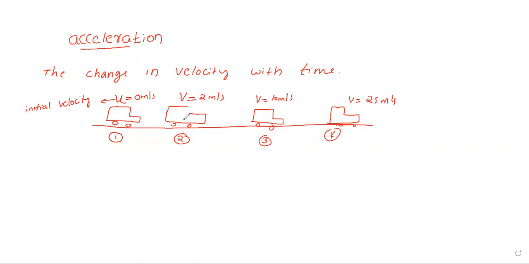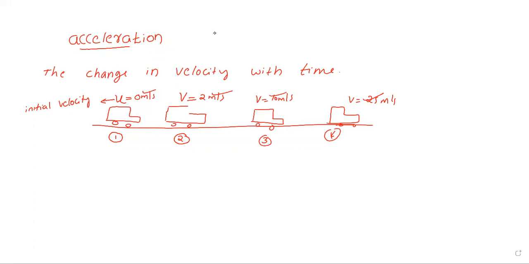So we can say that this particular vehicle has acceleration, or that the vehicle is accelerating. Why? Because the vehicle's velocity is changing gradually. It is not the same: here 0, here 2, here 10, here 25.